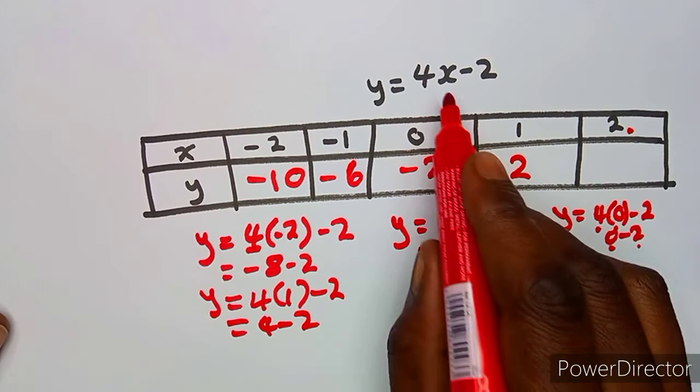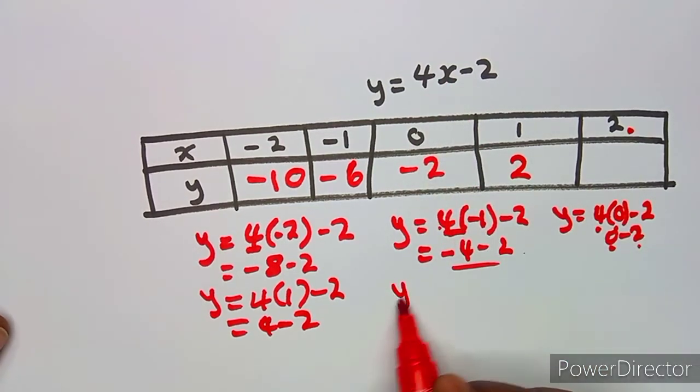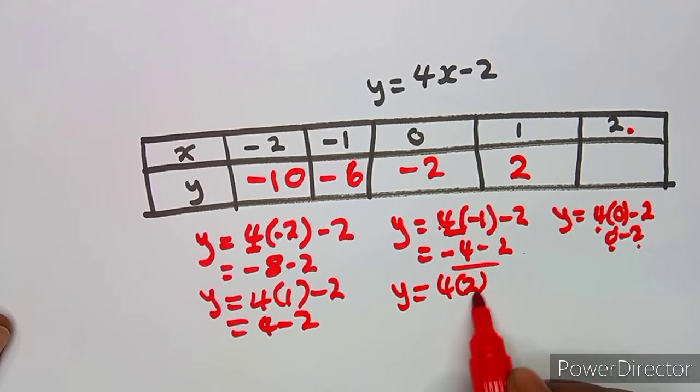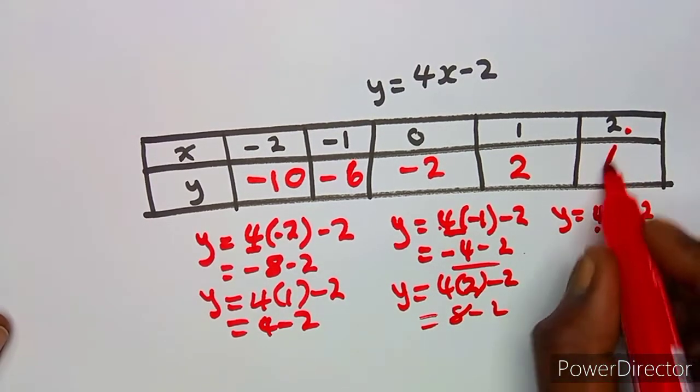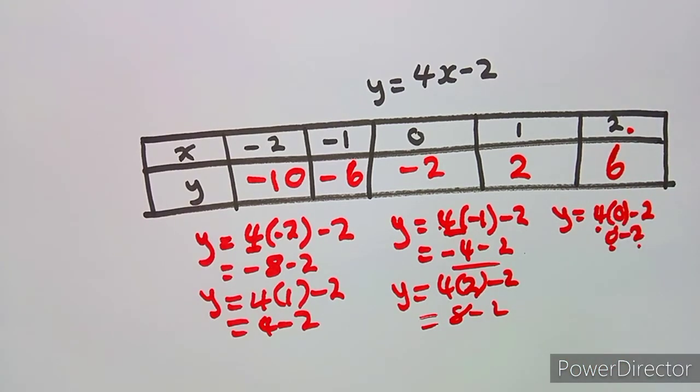When x is equal to 2, you substitute the same. So it's going to be 4 into 2 minus 2, which is 4 times 2, that's 8, minus 2, which is going to give us a 6. So that is what our table was going to look like. So it's a matter of substituting.